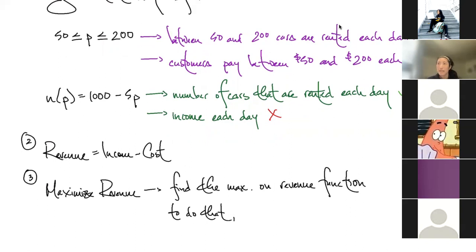All right, so take a moment, type that process into the chat. You can send it to me via private message if that makes you more comfortable in case you're wrong. That's totally fine. But how do we summarize how to find the maximum on a revenue function?